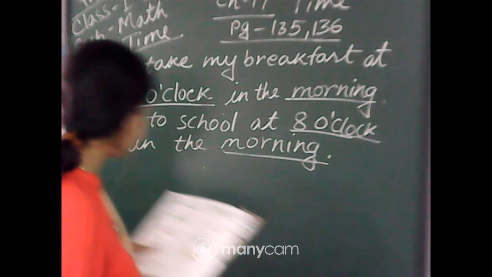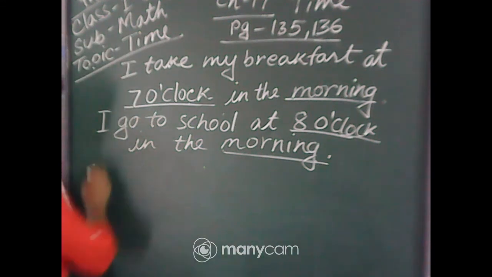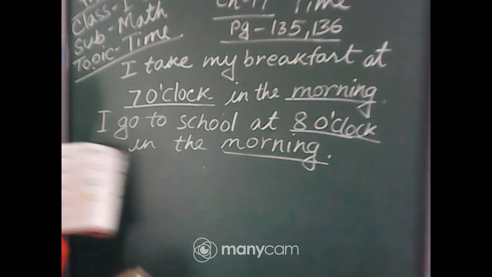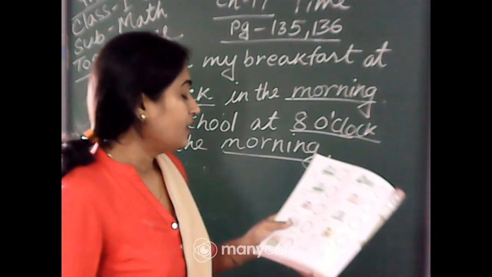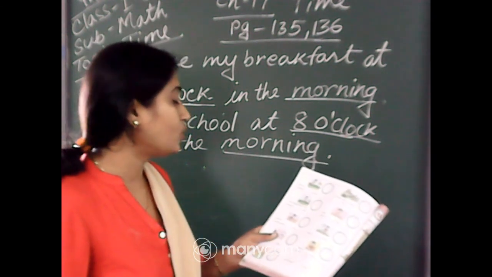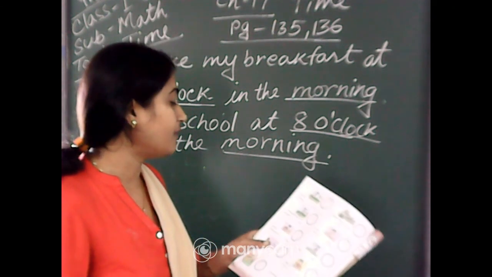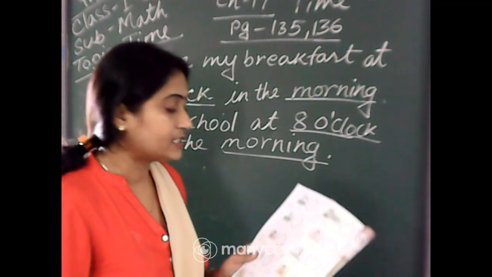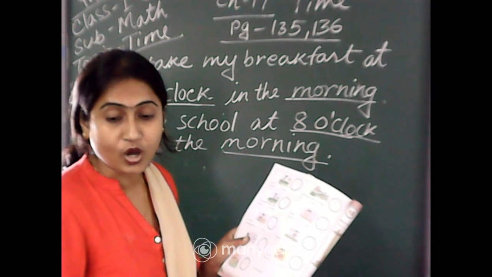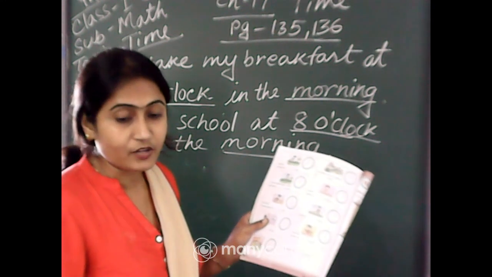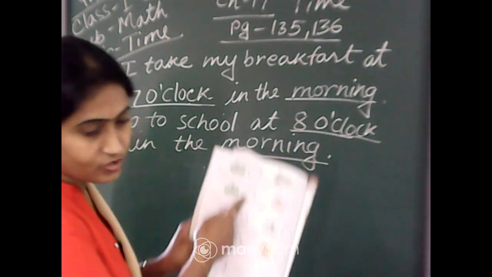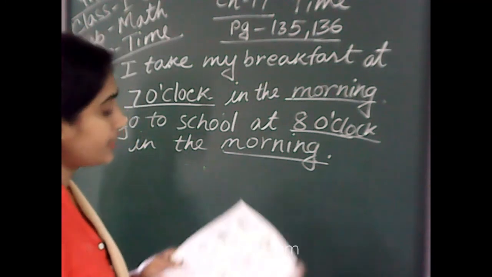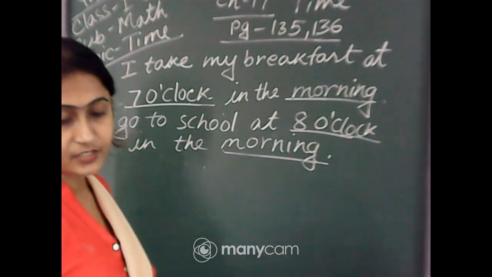Next, this picture, I come home back from school. I come home back from school at 1 o'clock. At 1 o'clock, what is the time? 1 o'clock. At 1 o'clock in the afternoon.